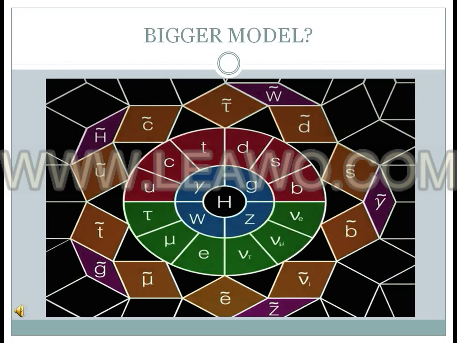Well, in order to prove the existence of a bigger model, we need to find out whether there exist other particles like the Higgs boson, which is going on. The experiments are still going on in order to find such particles, and we need a lot of precision and a lot of technological work out there.